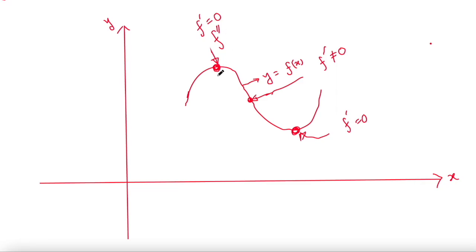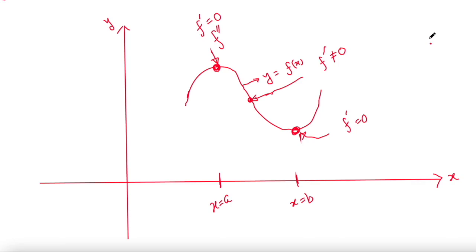If second derivative at this point, means at the corresponding x, let's say x equal to a, and here you will get another x value, let's say x equal to b. So we understand that there are two stationary points. One is at x equal to a and one is at x equal to b, since first derivative equal to 0.